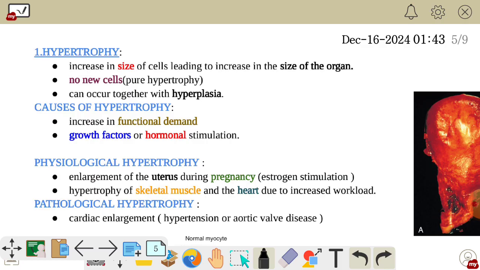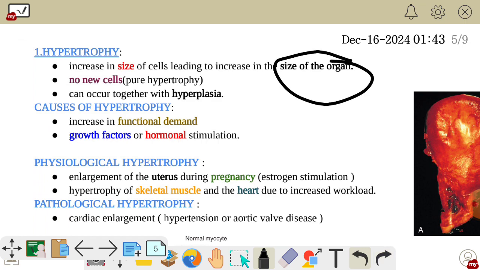Okay, so hyper, that is increase, and then trophy, that is the shape. Okay, so hypertrophy simply means an increase in size of cells leading to increase in the size of an organ.